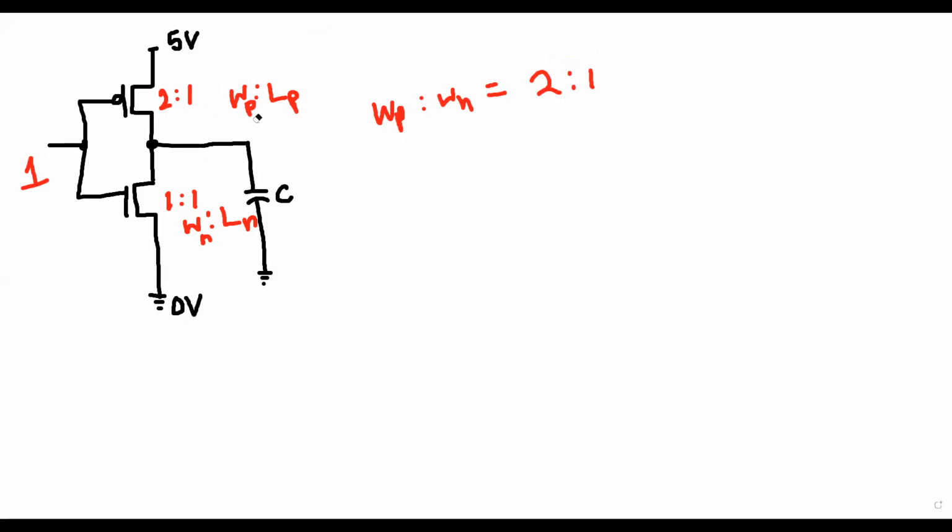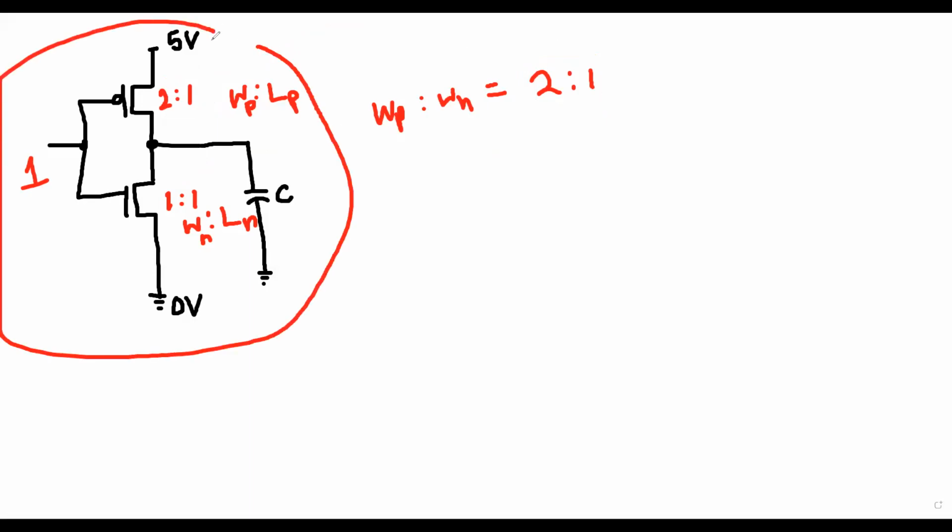Now remember, this is our reference circuit. That means the CMOS NOT gate. In the reference circuit, we assume WP to WN is 2, and WN to LN is 1:1. Now again, I explain it to you. It can be 3 as well, not 2.